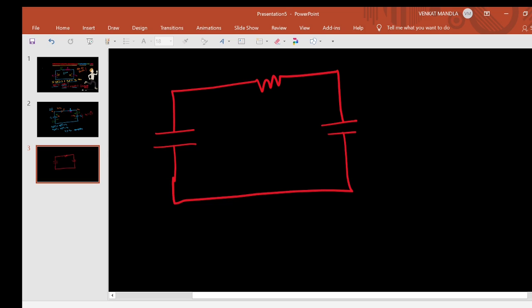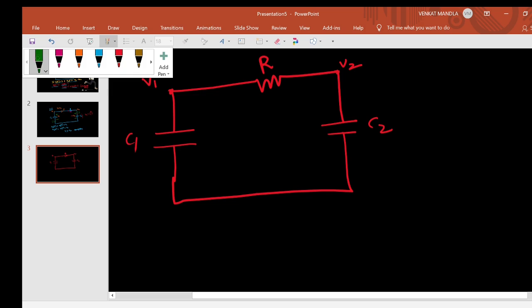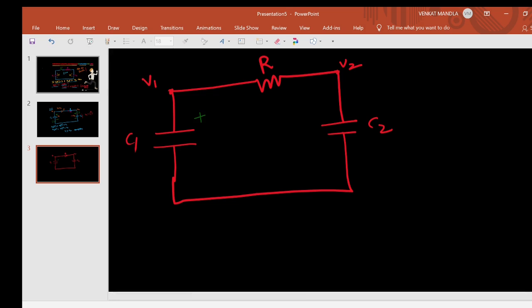Initially V1 is there at C1 and V2 is there at C2, with resistor R. Let us say at some time t greater than 0, plus-minus Vc1(t) is across C1, and plus-minus Vc2(t) is across C2.